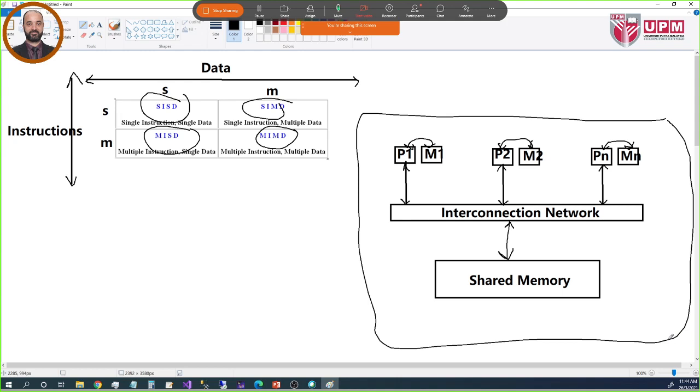If we have very high processing power but our interconnection network is very slow, then it will become a bottleneck and slow down the processing of our computer or supercomputer. That's why both processing power and interconnection network are very important to have very high speed processing.